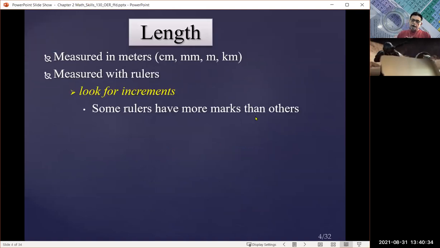Remember about all this. All right, so measurement in meters. Well, normally, again, we work in metrics, so we're using cm for centimeters, millimeters, meters, and km, kilometers. Okay. And in the sciences, yes, we know there's English units, inches and so forth, feet, but in the sciences worldwide, the metric system is utilized.